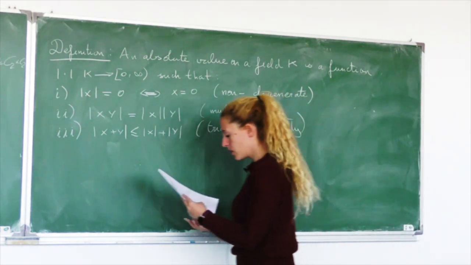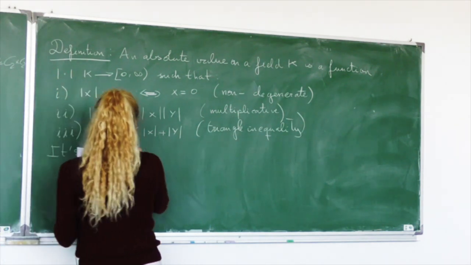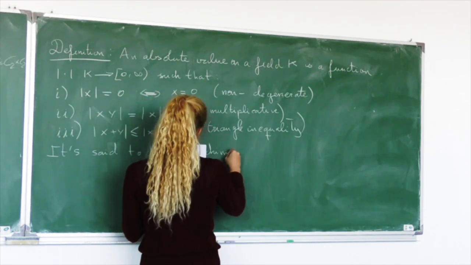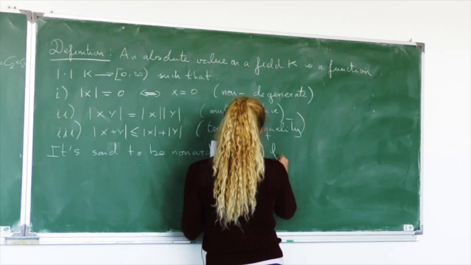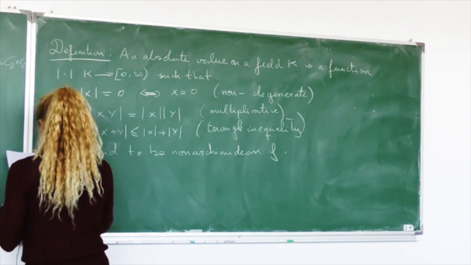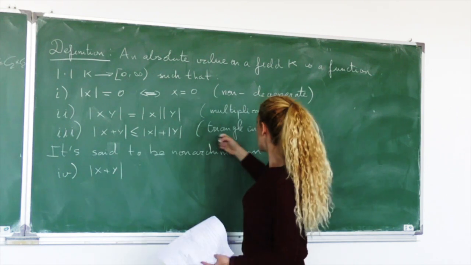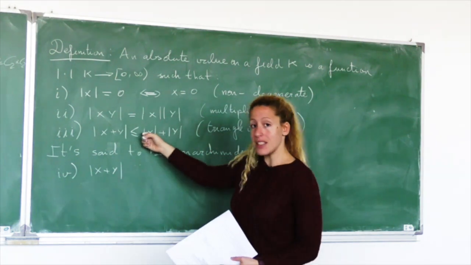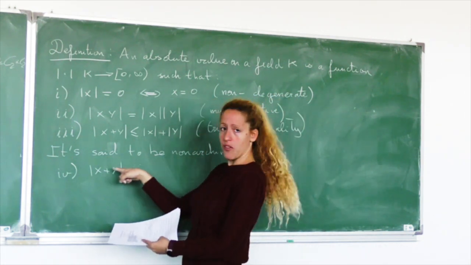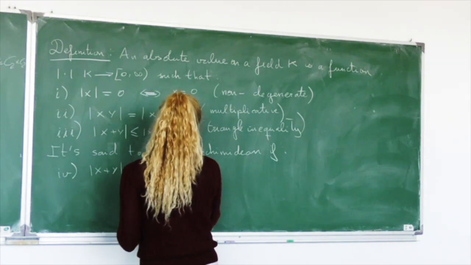This absolute value is said to be non-Archimedean if the following holds, the fourth condition, that is that actually we can go further, and it's not only that in the triangle inequality we have this direction, so that we can say something even more precise, and that is that this value is smaller or equal than the maximum of these two values.